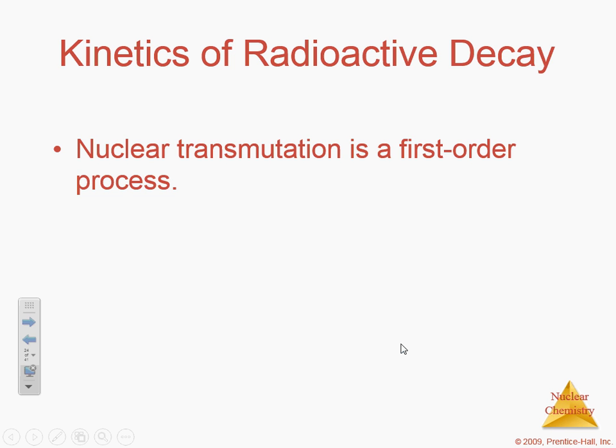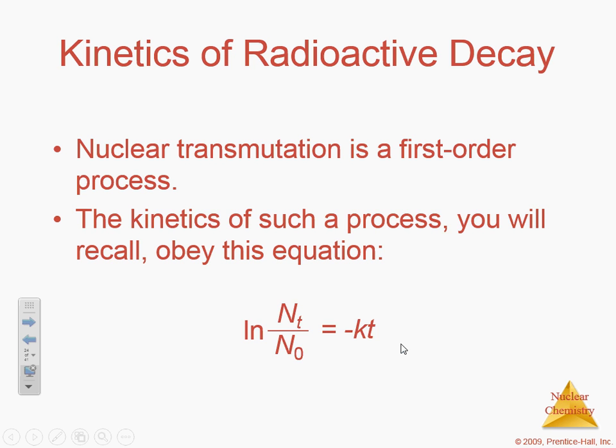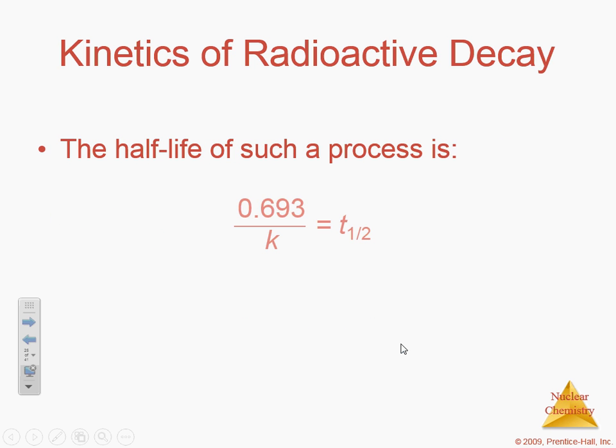So remember, if we're going to study the kinetics of radioactive decay, this is the last bit here for 21.1, it's a first order process, so we are going to obey ln(Nt/N0) = -kt.